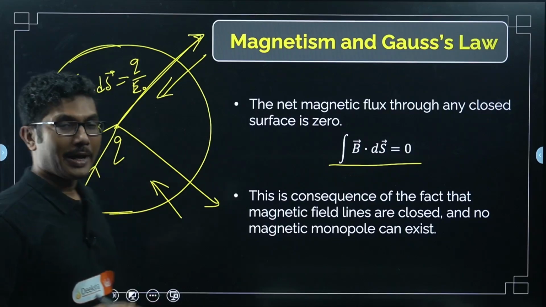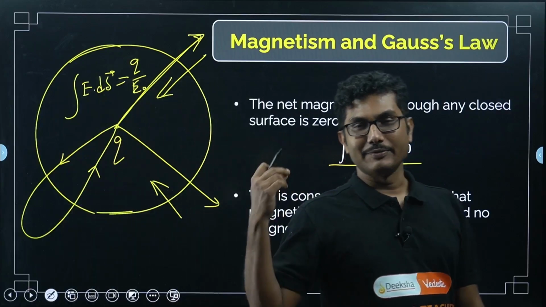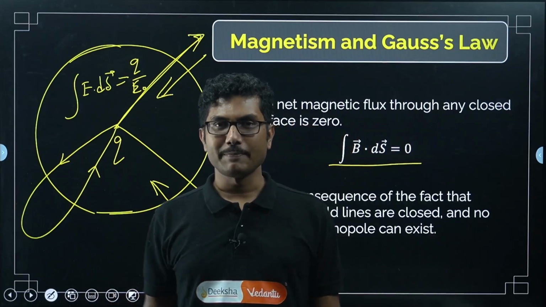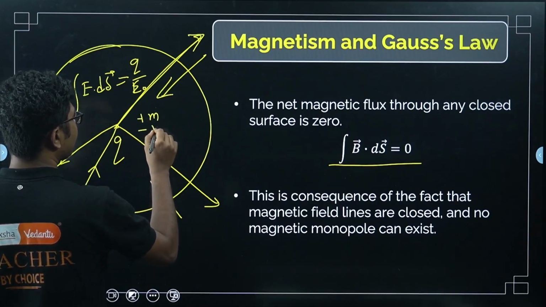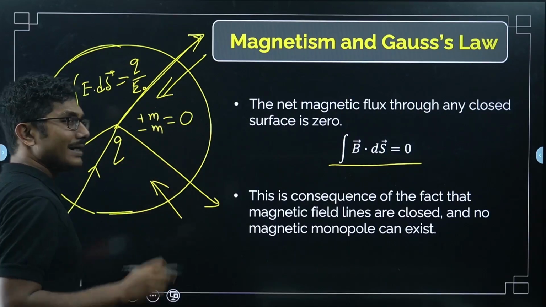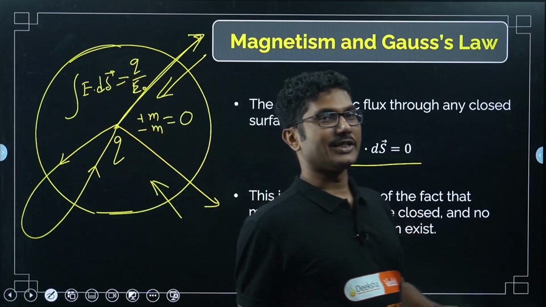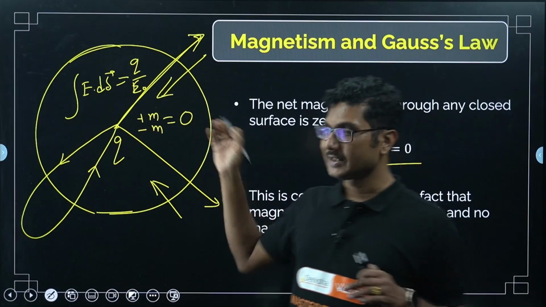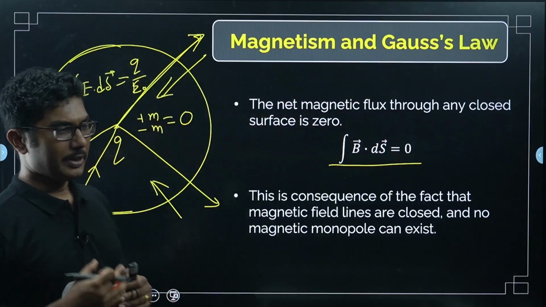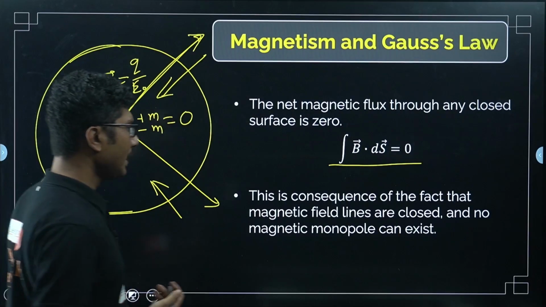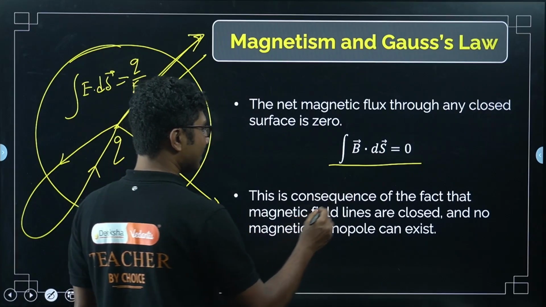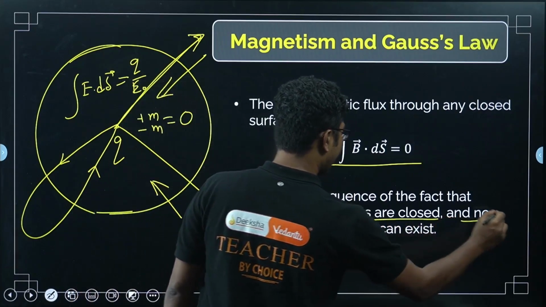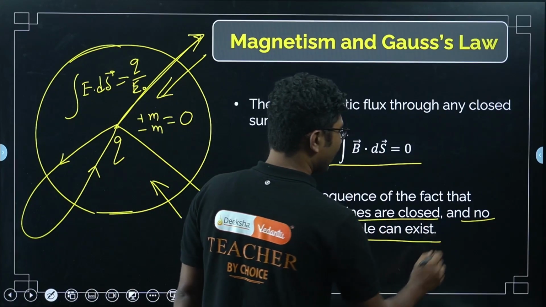If there is a plus small m, there will always be a minus small m. So you can consider this as a magnetic charge, and the total magnetic charge inside any closed surface will always be 0. Basically, this is a direct consequence of magnetic field lines being closed and no magnetic monopole being able to exist.